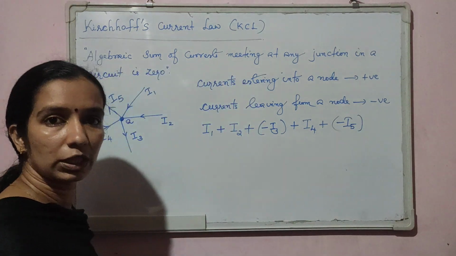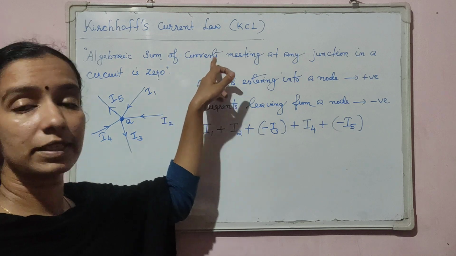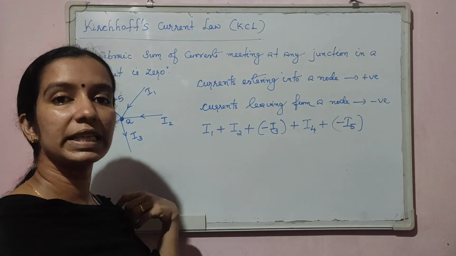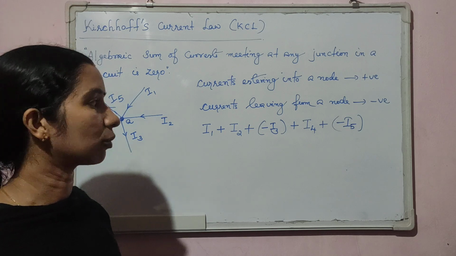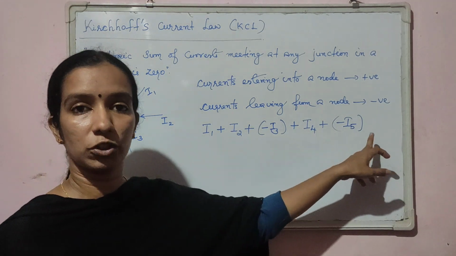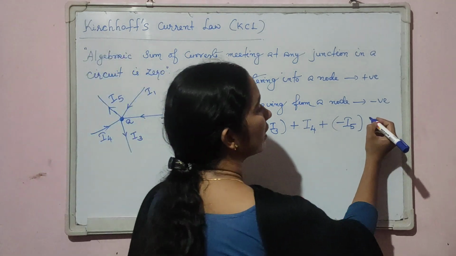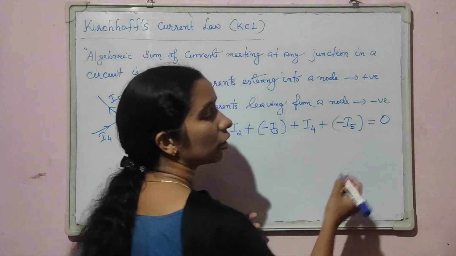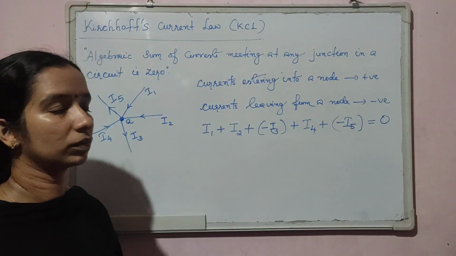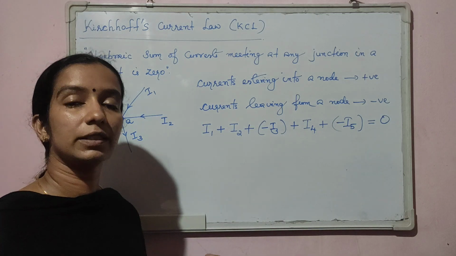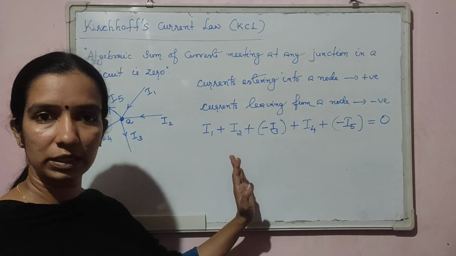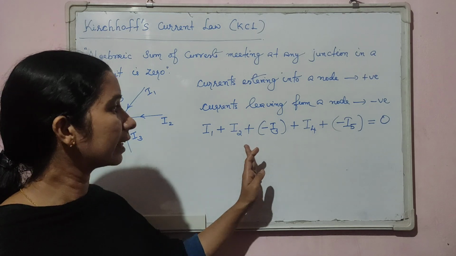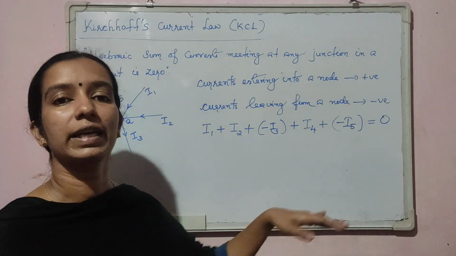So according to Kirchhoff's current law, the algebraic sum of all the currents meeting at a particular point or junction in a circuit will be 0. Now let us rearrange this equation by keeping all the positive quantities on the left hand side and taking all the negative quantities to the right hand side.